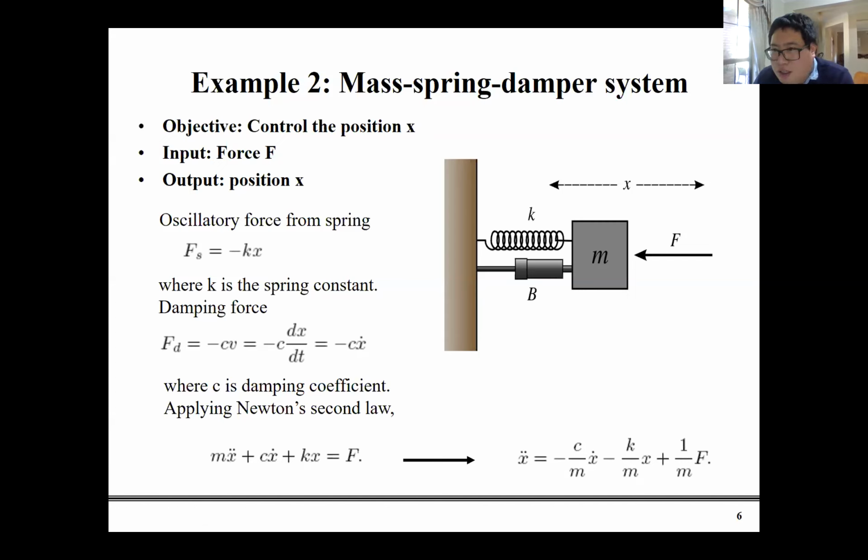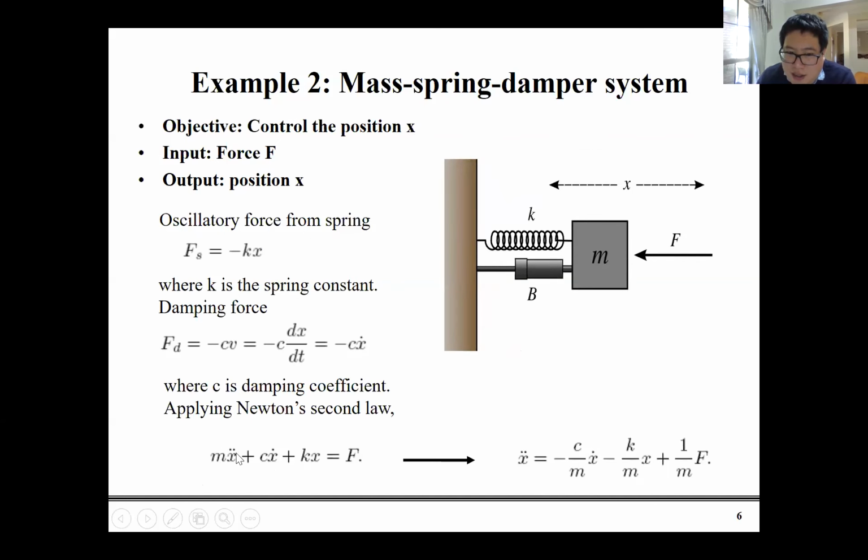It is the first order derivative of the speed x dot with respect to time, which is the acceleration. That is also the second order derivative of x with respect to time. And from Newton's second law, we have this formulation.